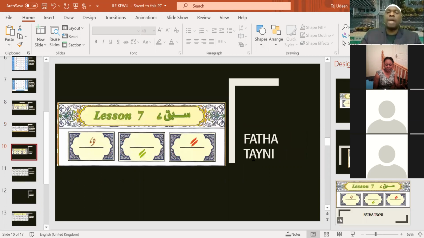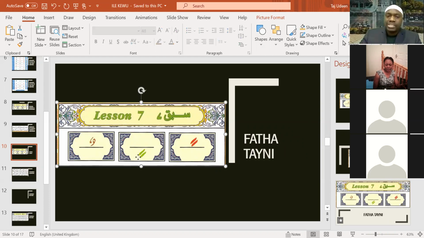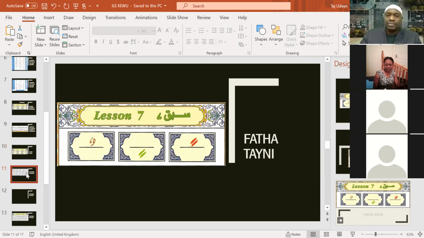We also discussed Fataha Taini. When we have double Fataha, we call it Taini. Taini means double. Then Kasra Taini and Dhamma Taini. In other words, we call it Tanween.